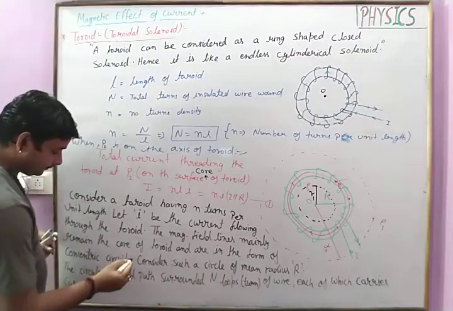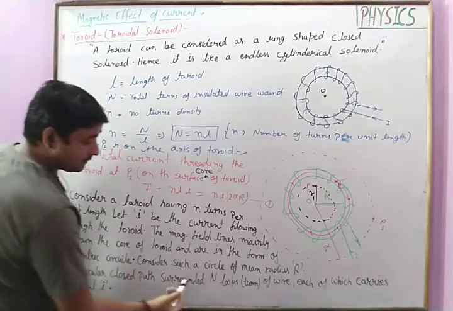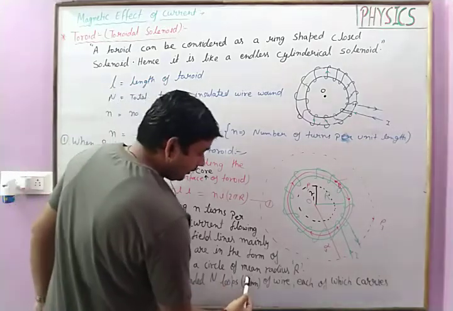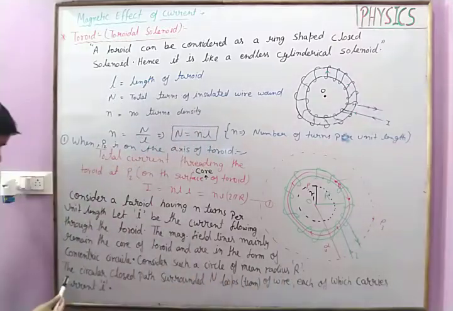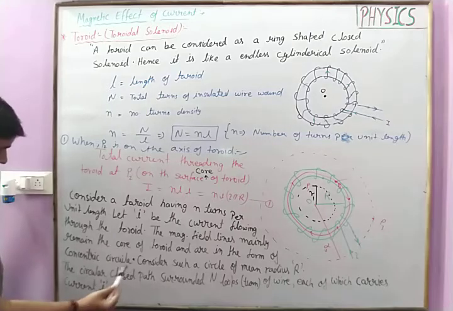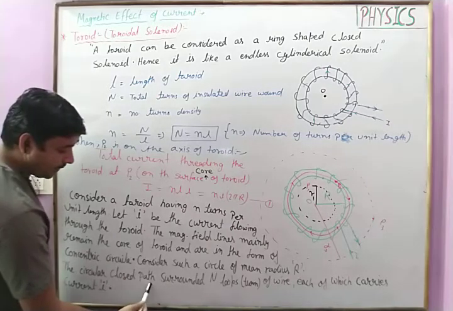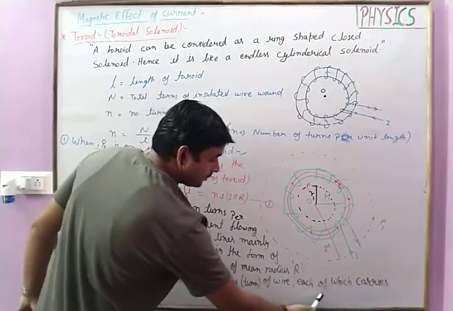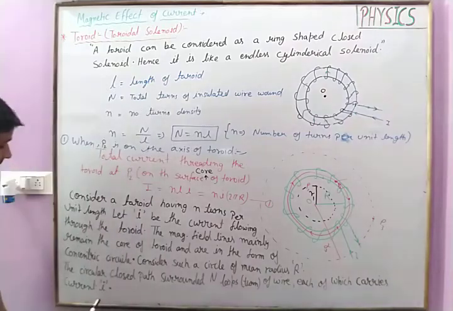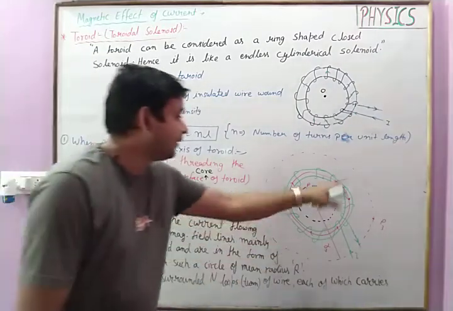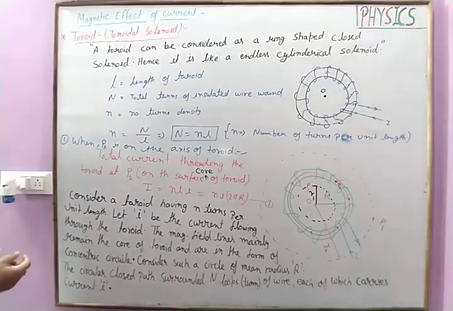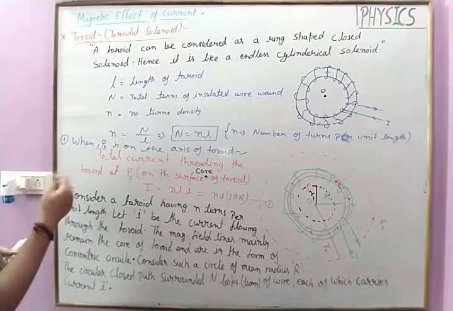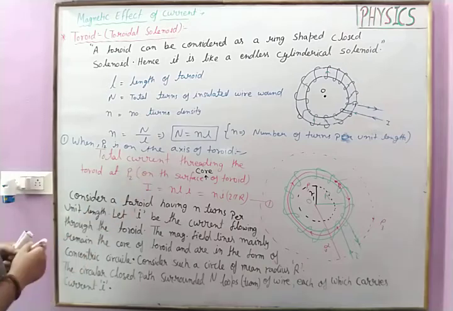Consider such a circle of mean radius capital R. The circular closed path surrounds n loops or turns of wire, each of which carries current I. This is the idea for the magnetic field due to a toroid.